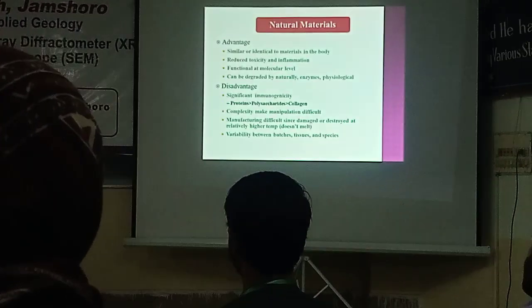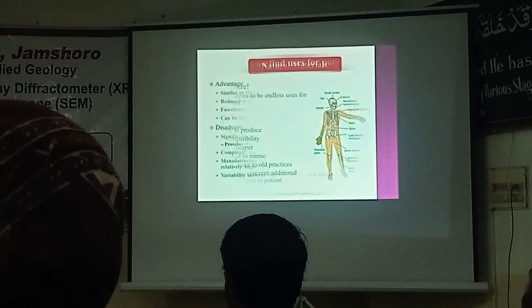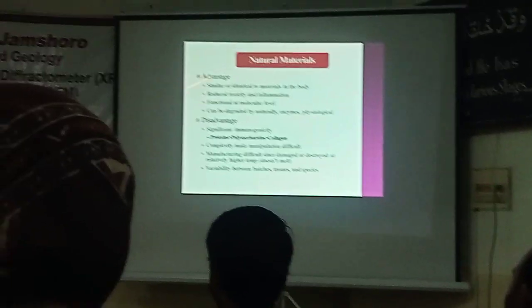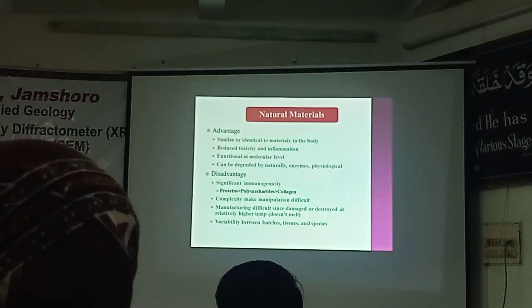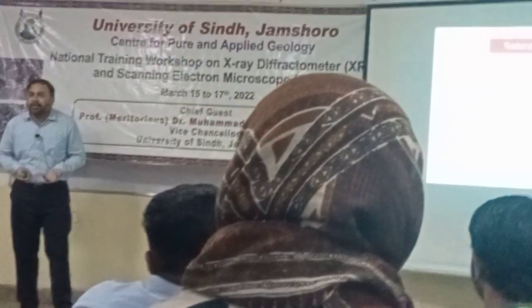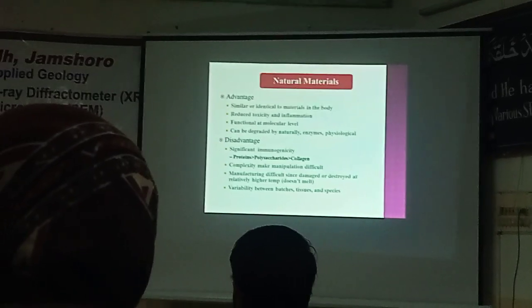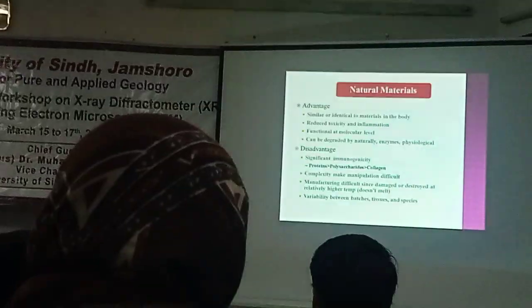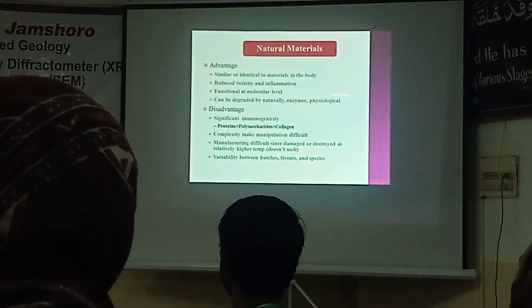So in natural polymers we have some advantages and some disadvantages. As far as advantages are concerned, they are similar or identical to the material in the body, so you can easily utilize these proteins and carbohydrates in your body for making any kind of biomaterial. They reduce toxicity and inflammation, they are functional at the molecular level, and they can be degraded by natural enzymes or physiological processes.